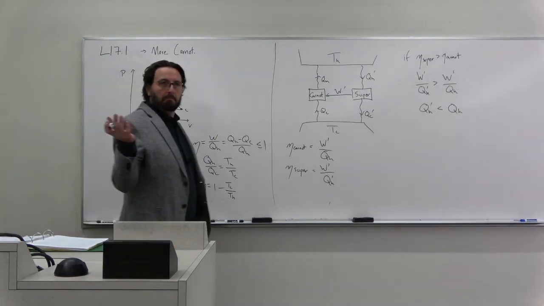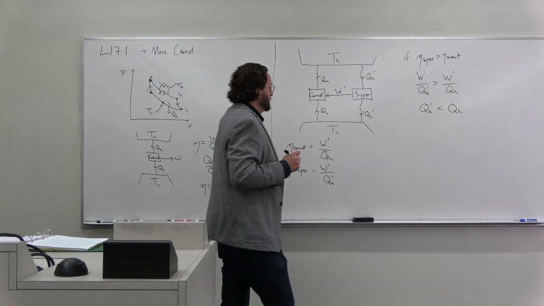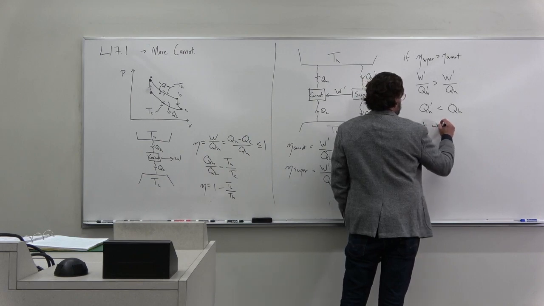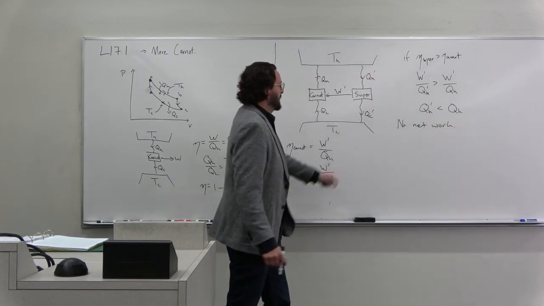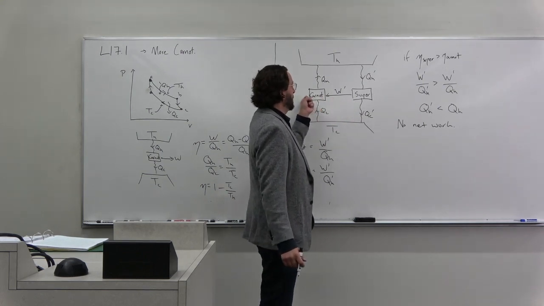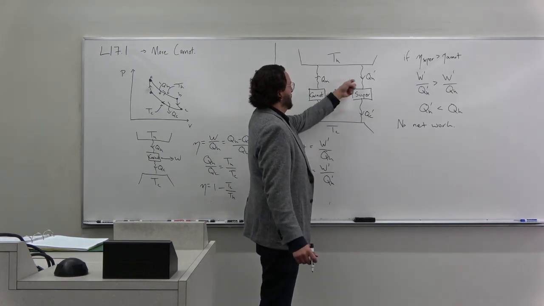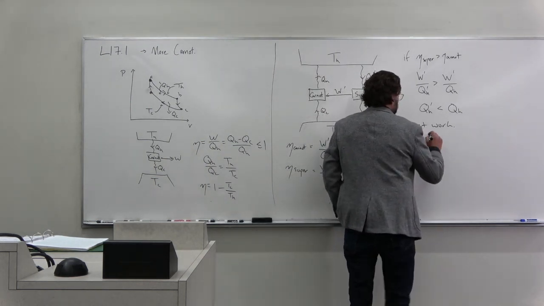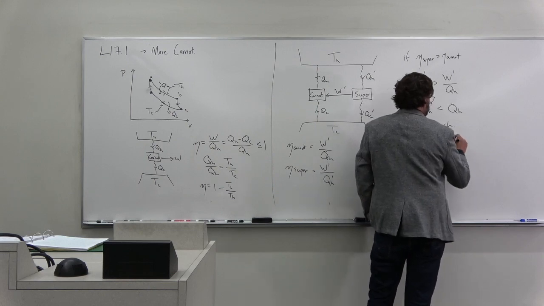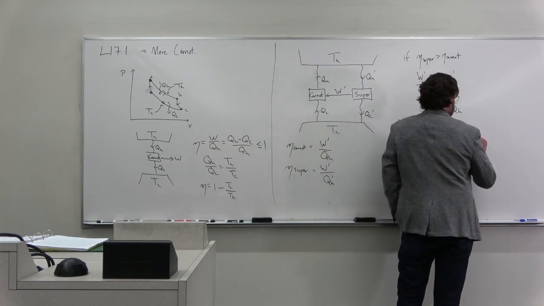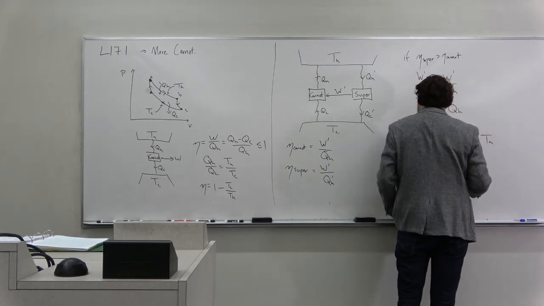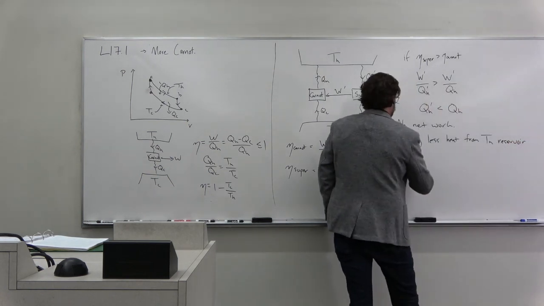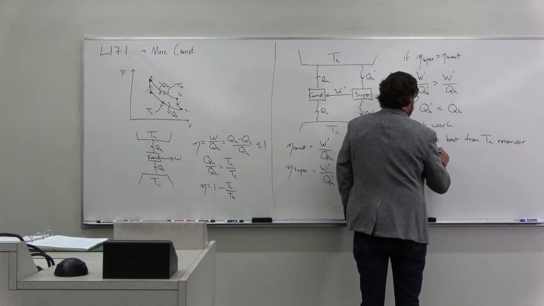Okay, maybe that seems reasonable so far. Well, there was no net work, because all of the work produced by our super went into our Carnot. But we're drawing less heat from TH, from the hot reservoir, than depositing back in.